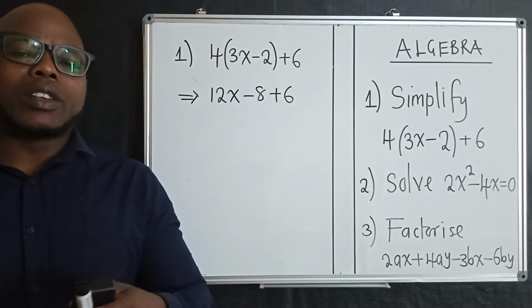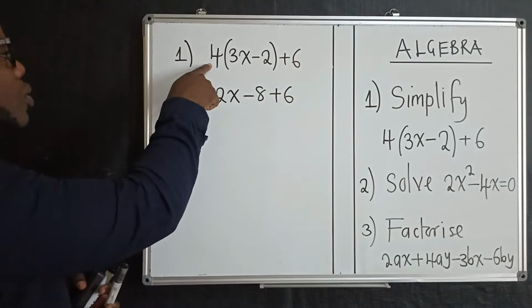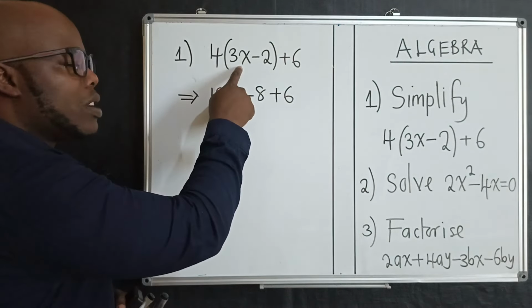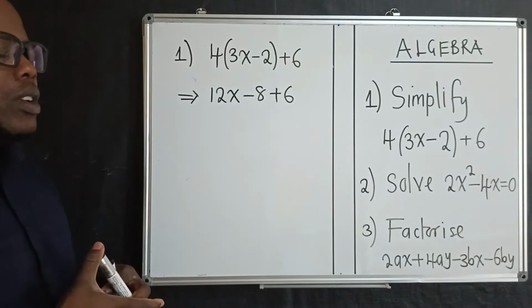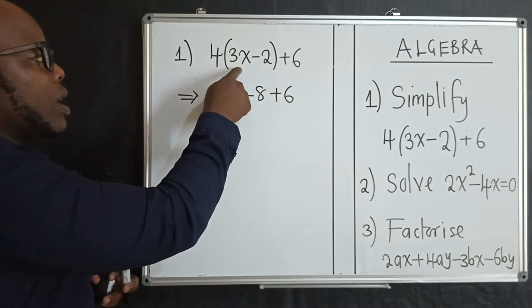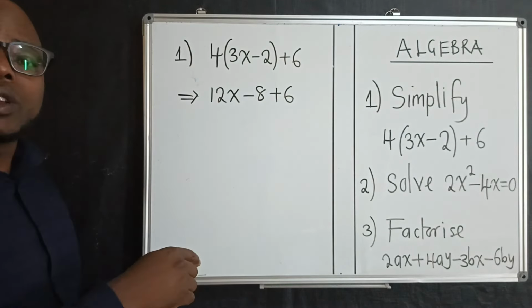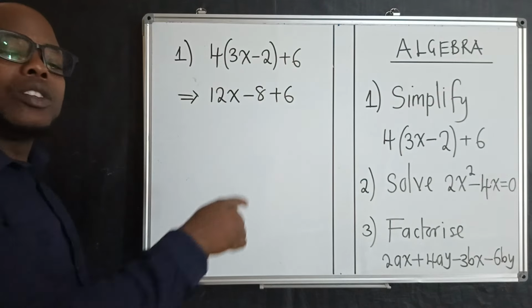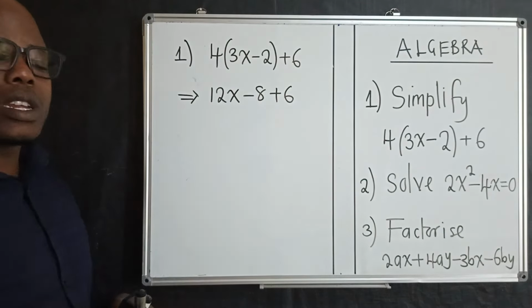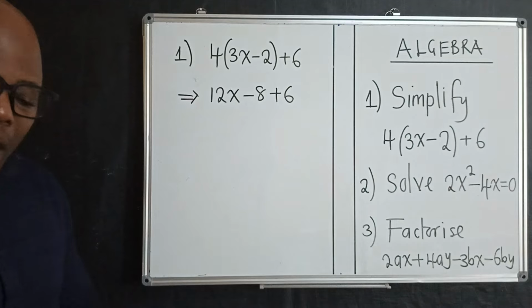If you're following nicely, you discover that I've just taken the number in front and multiplied it by what is inside. So 4 by 3x gives us 12x. 4 by negative 2 gives us negative 8. And there is a 6 here, which is not affected.